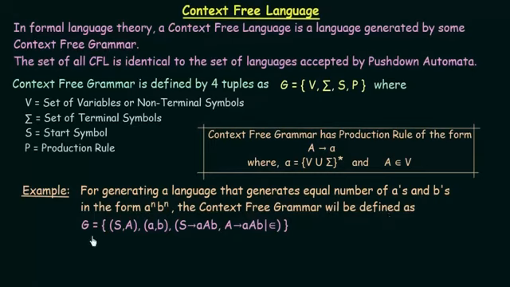If you remember, we have taken this example a few times when we discussed regular languages, and we already saw that this language, where the number of a's is exactly equal to the number of b's, is not a regular language, because it cannot be designed using a finite state machine.